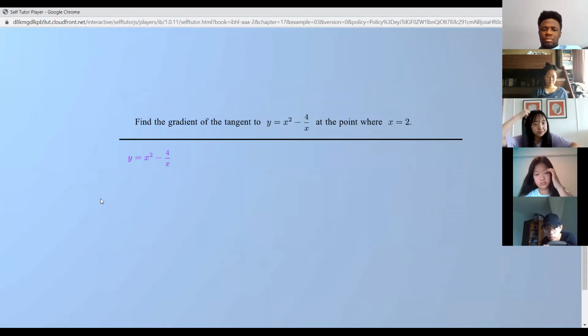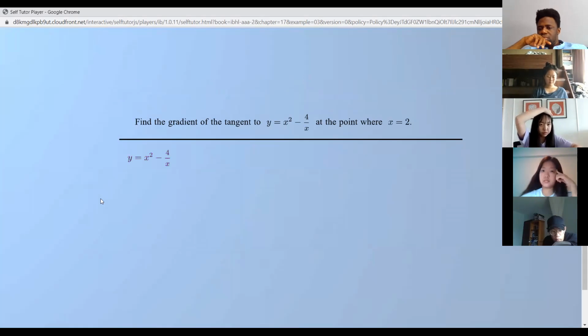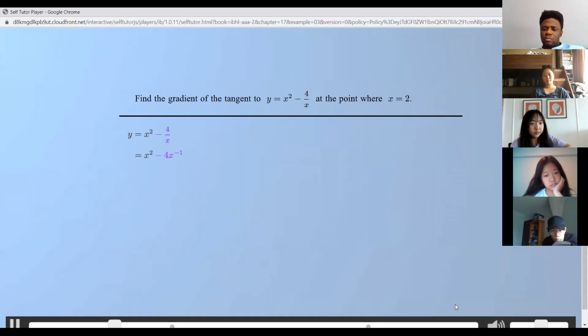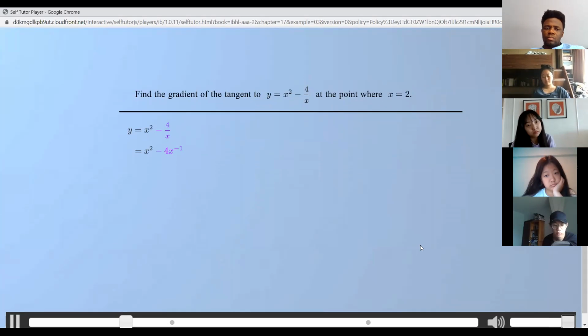Finding the derivative of a function allows us to calculate the gradient of the tangent to the function at a particular point. We first use the laws of exponents to write the second term as a constant multiplied by a power of x. Notice that the function is given in the form y equals something, so our derivative function is written as dy by dx.